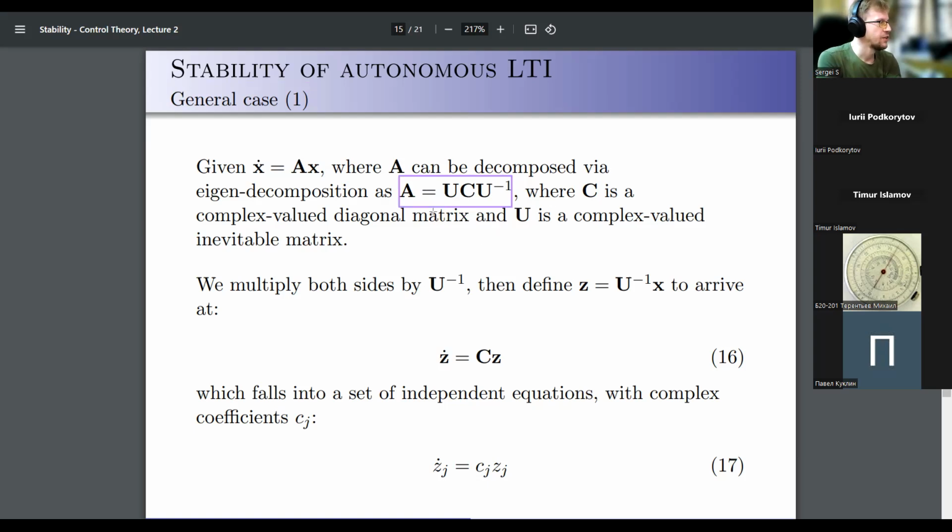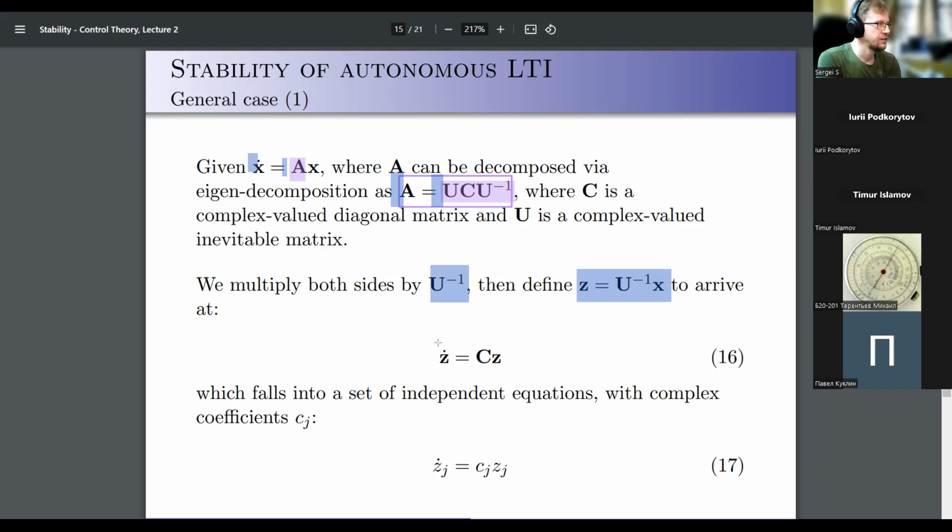We can do the exact same thing. We can substitute this equation, this part here, and multiply on both sides by U pseudo inverse. So we have the identity here, here, and here. And define this new transformation, z equals U inverse x.